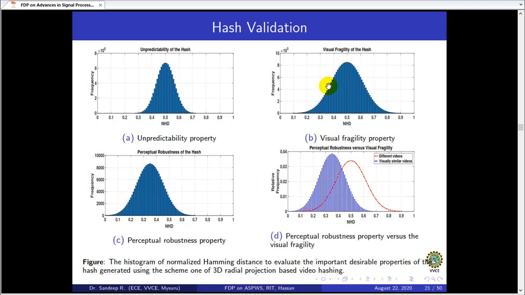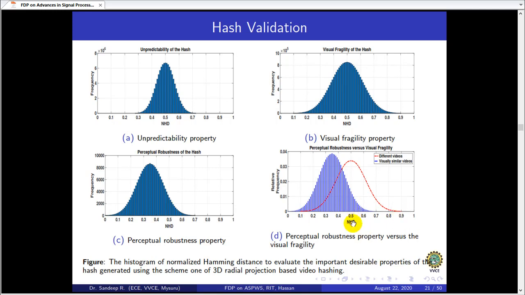But when I overlap the visual fragility property and the perceptual robustness property, we will know how much misclassification occurs. Suppose the blue line indicates the histogram obtained for visually similar videos. The red line indicates the histogram obtained for perceptually different videos.